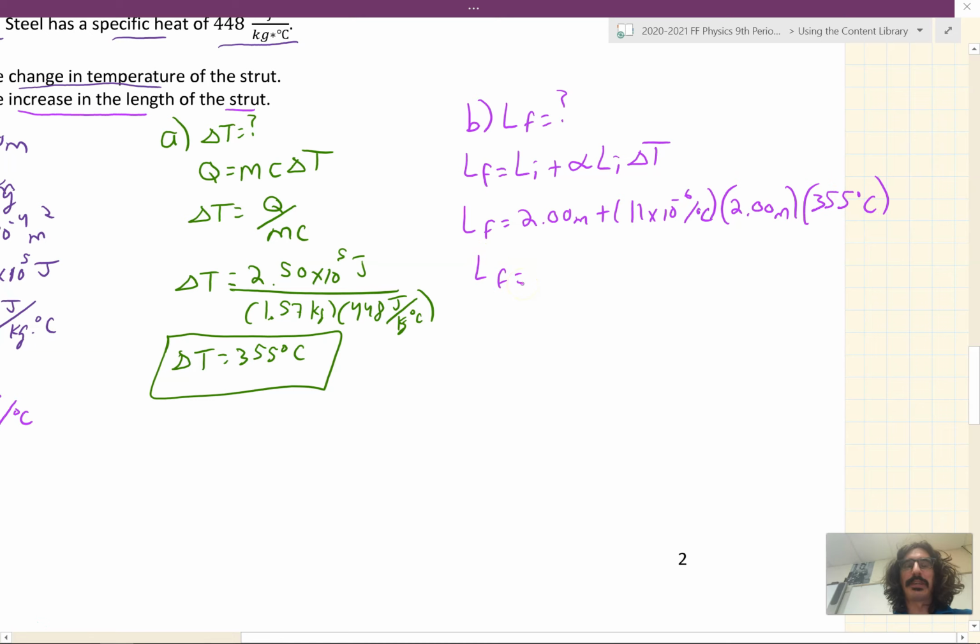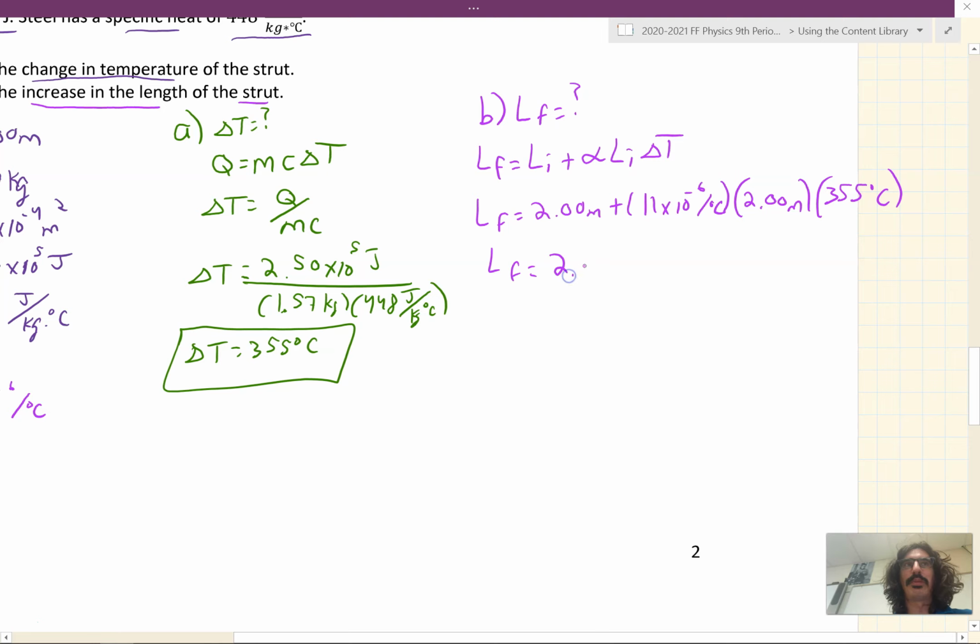Plug in our calculators and we get a final length to equal 2.00781 meters.